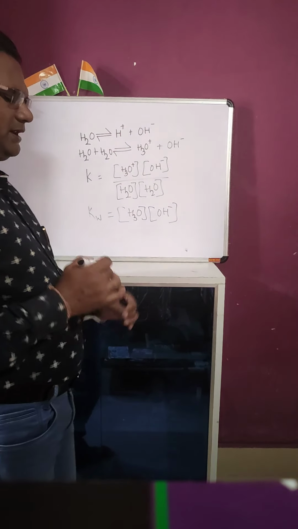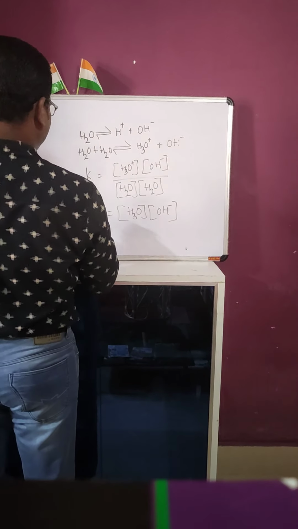Normally, water is taken to be neutral. The molar concentration of hydroxide ions, OH minus ions, and hydronium ions, that is H3O plus ions, are equal.